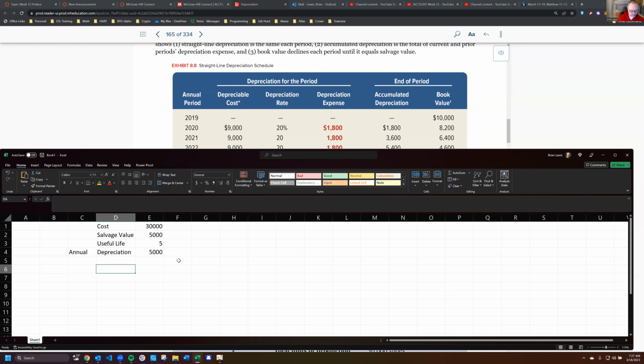So what you would do is you have your period. You're going to have the net beginning balance, you have your depreciation, and then you're going to have your net asset value.